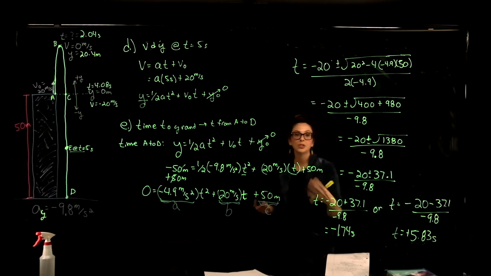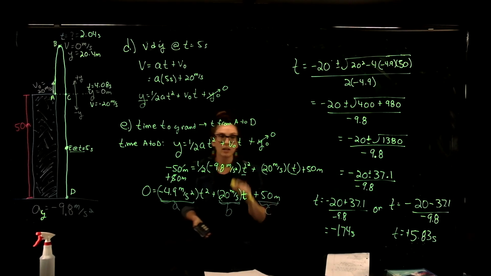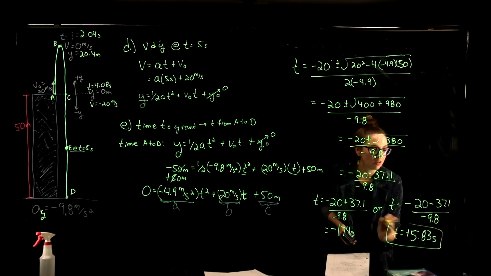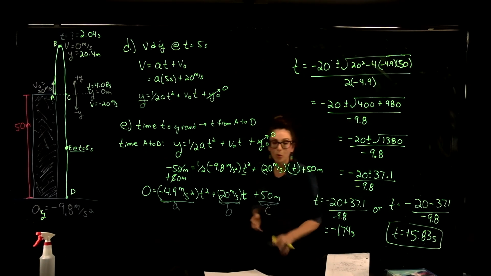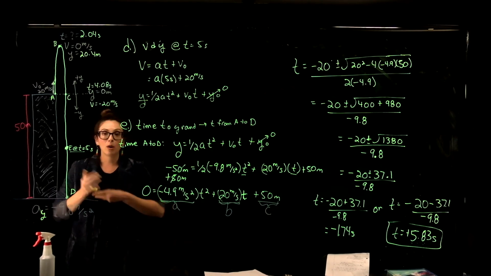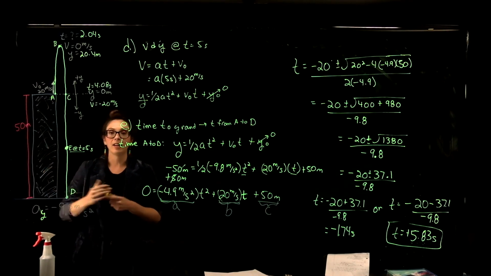And we want to choose the positive quantity of these two, so t would then be plus 5.83 seconds, the total time for our stone to get from point A to point D.